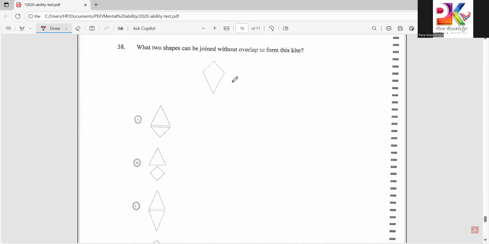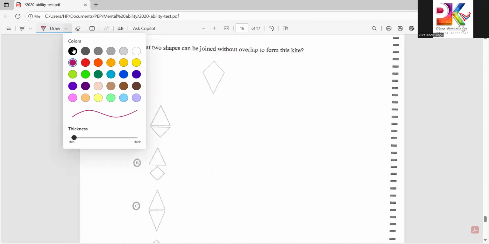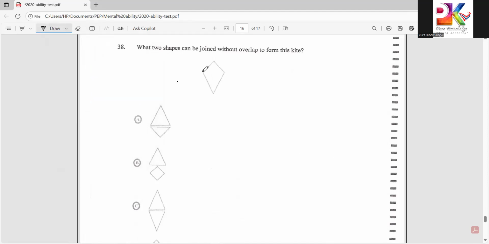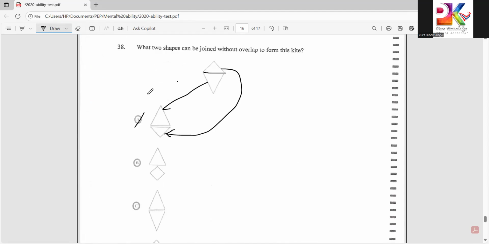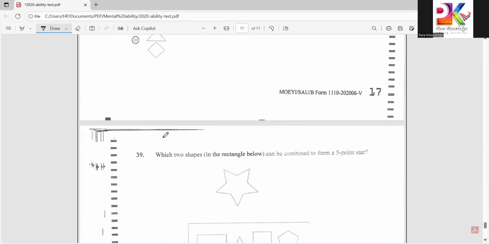Based on this, we can look with our eyesight here. We can see that this is a triangle. This is a triangle here. So this can fit perfectly here, while this can fit perfectly here. And we can see that none of the others match. So A would be the answer for this.